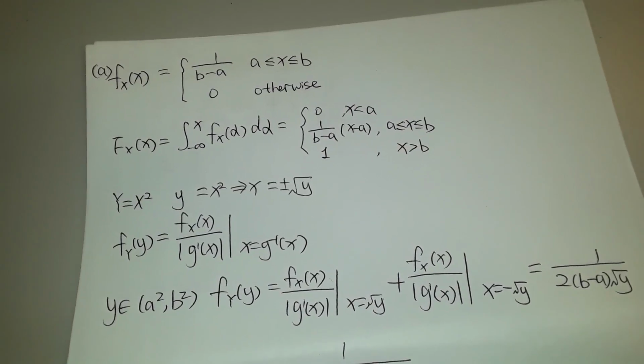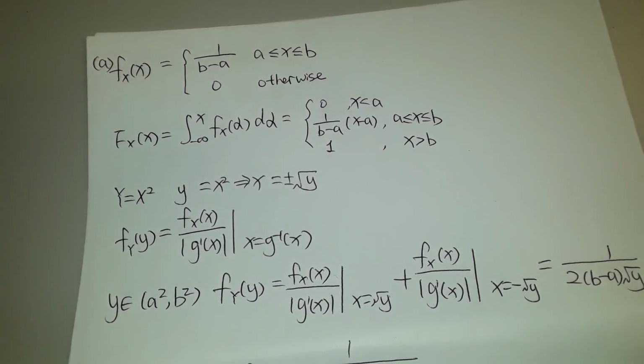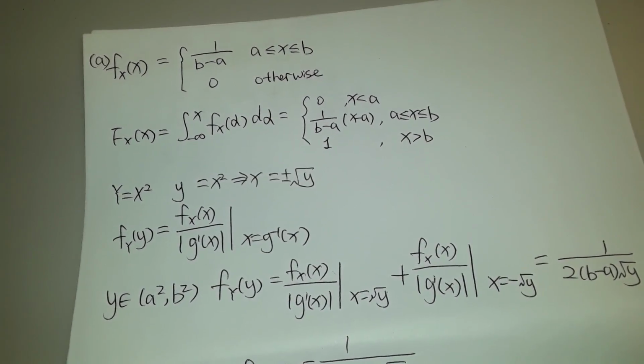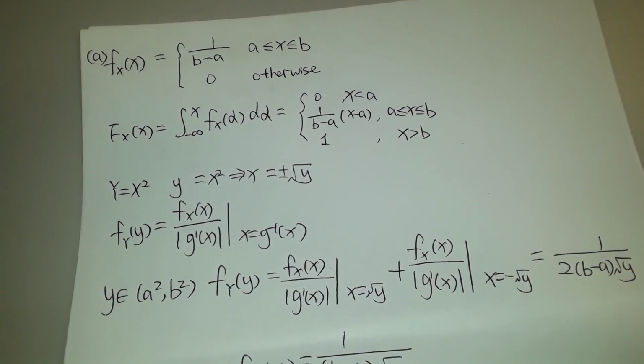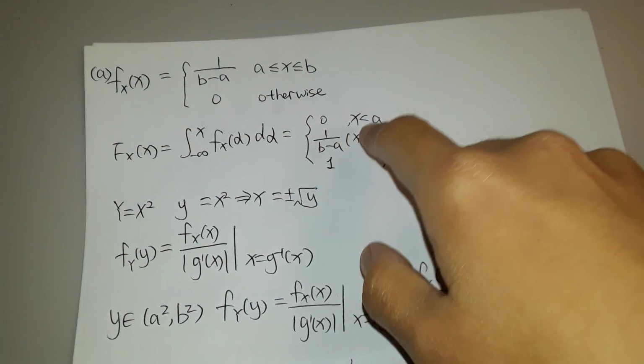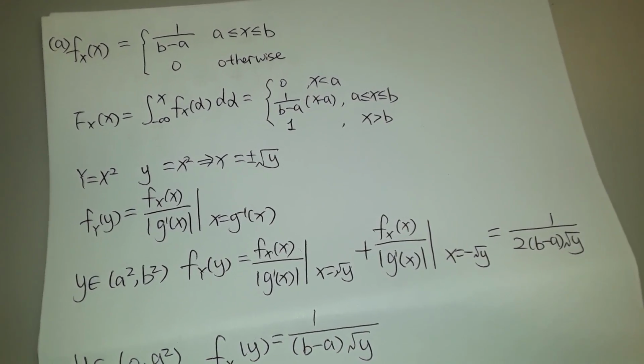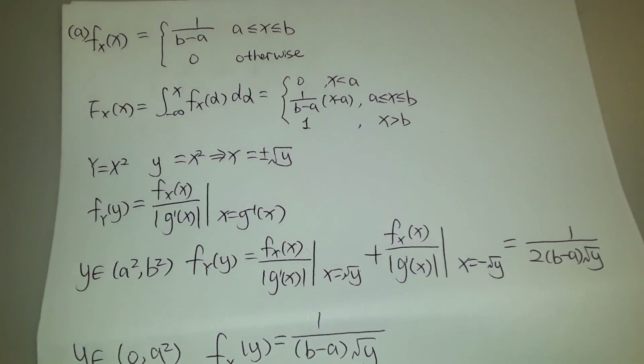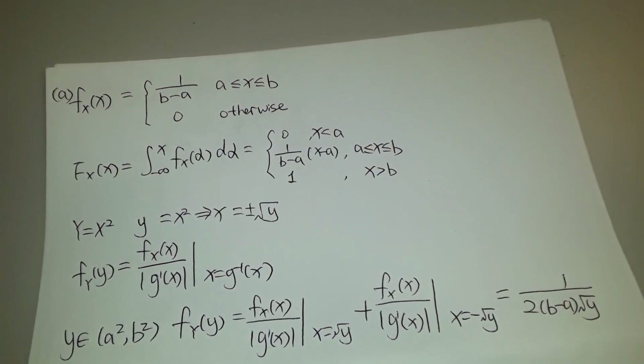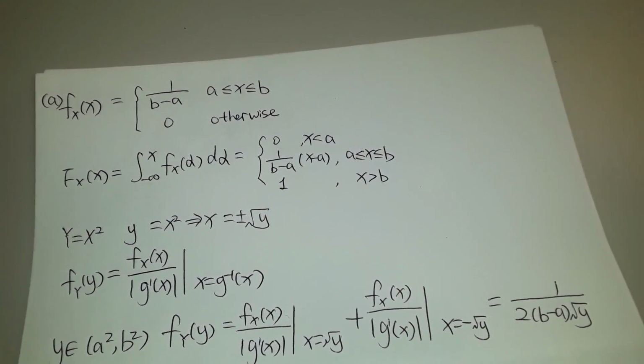If x is greater than a and less than b, the distribution function equals 1 divided by (b minus a) times (x minus a). Otherwise, the distribution function is 1.